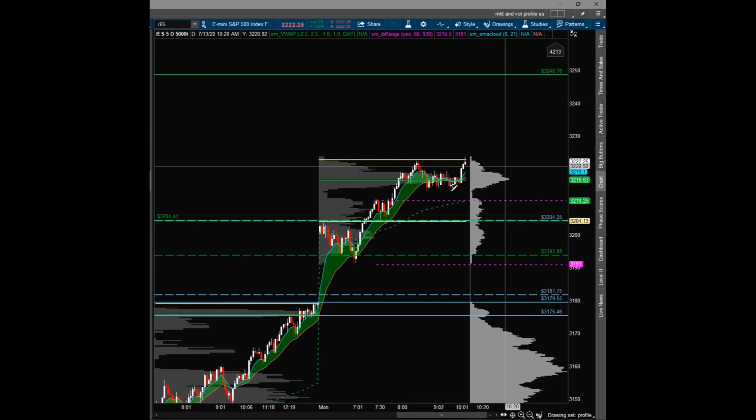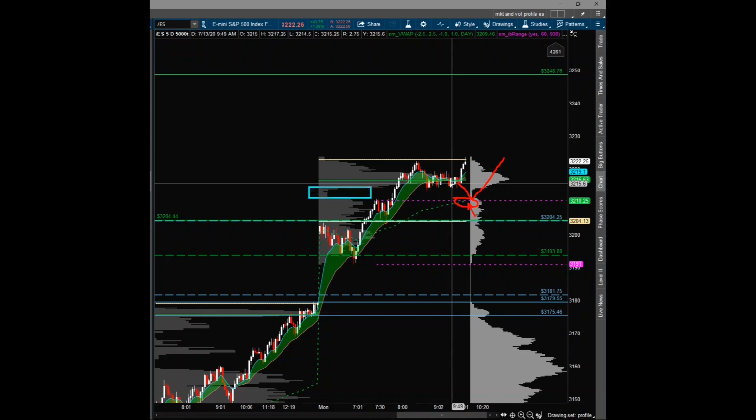Right, so I was looking for this to have a little bit of a liquidation break and come down to this IB high here. And also remember the VWAP, we were saying it was going to move up and probably establish some kind of confluence with the IB high. So I was looking for something to come down here and then bounce back up.